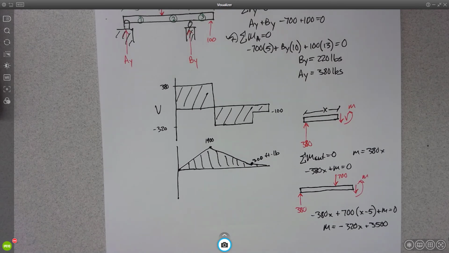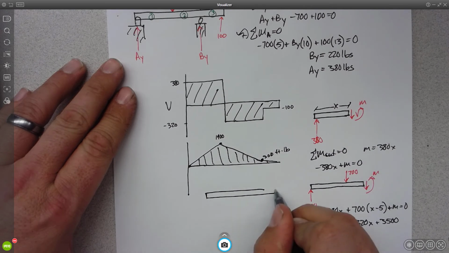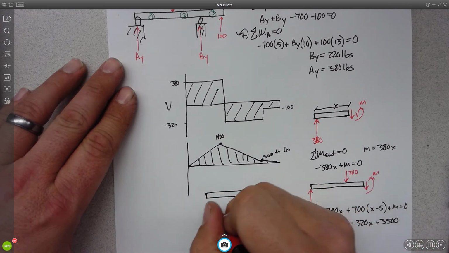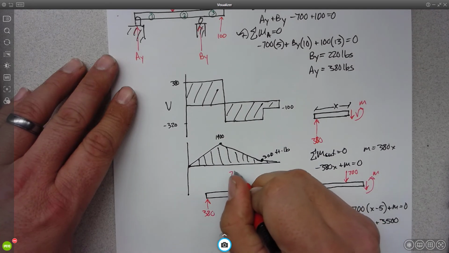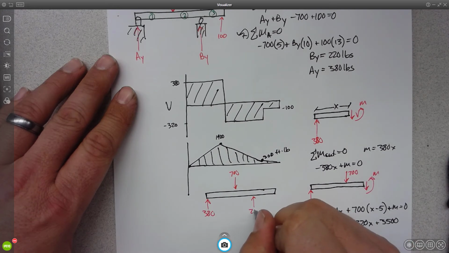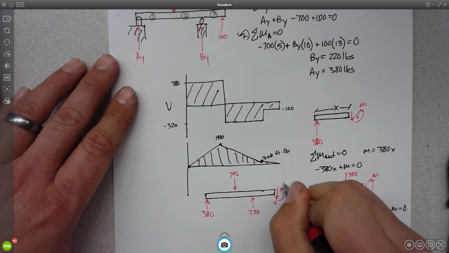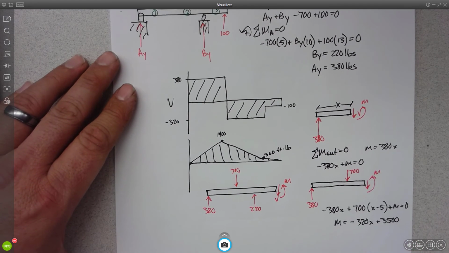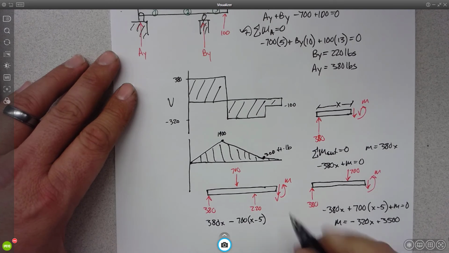Okay. And then the last region, we'll have 380, 700, 220. And so that'd be 380x minus 700 times (x minus 5).